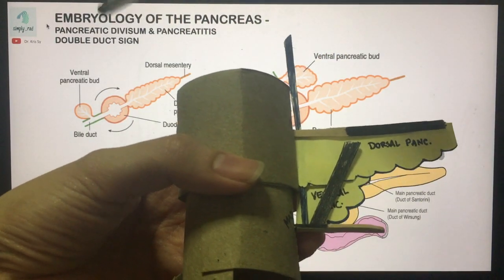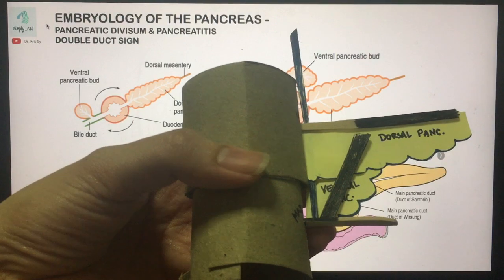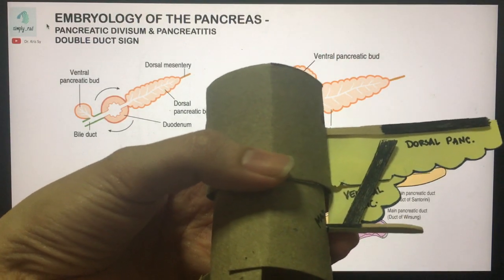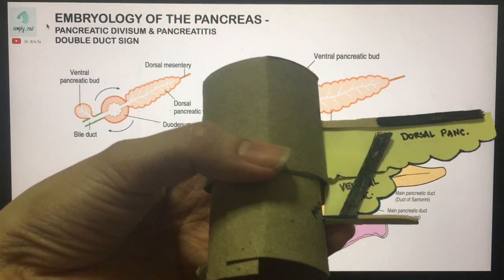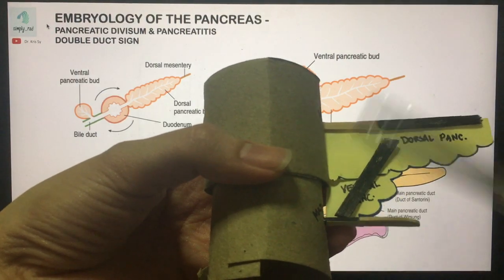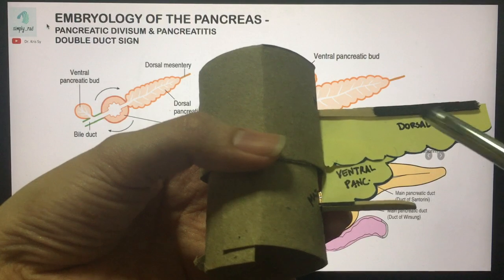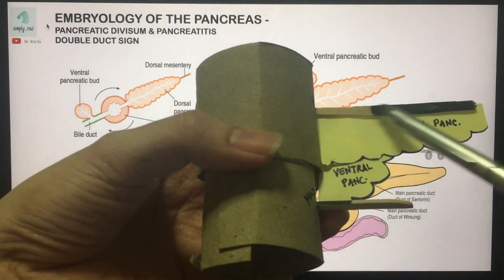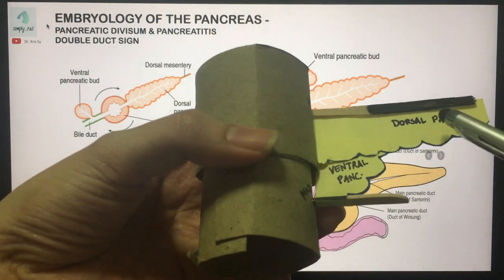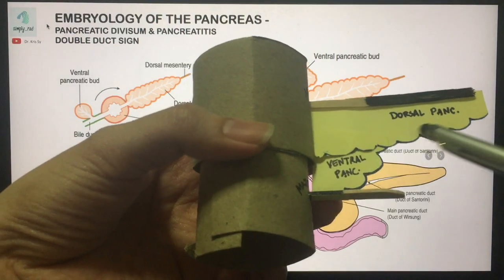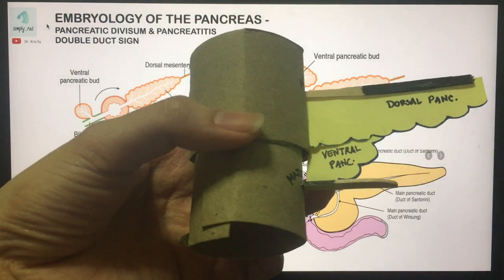Okay, now what about pancreatic divisum? In pancreatic divisum, there is no merging of these two structures, this one and this one. No merging. So what happens is that the dorsal duct will drain the larger portion of the pancreas.